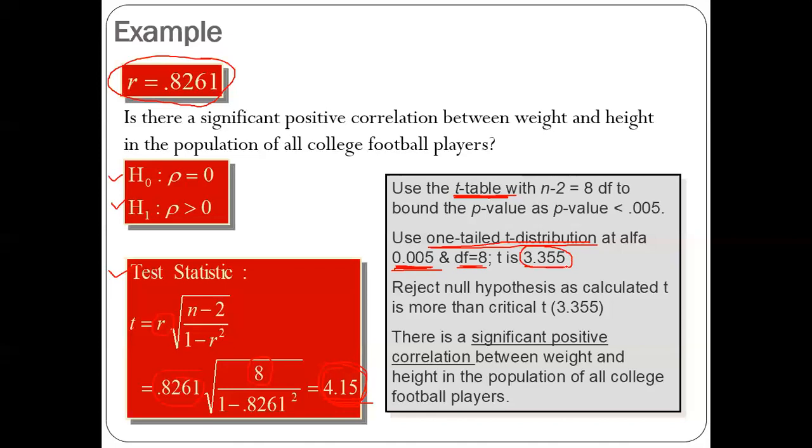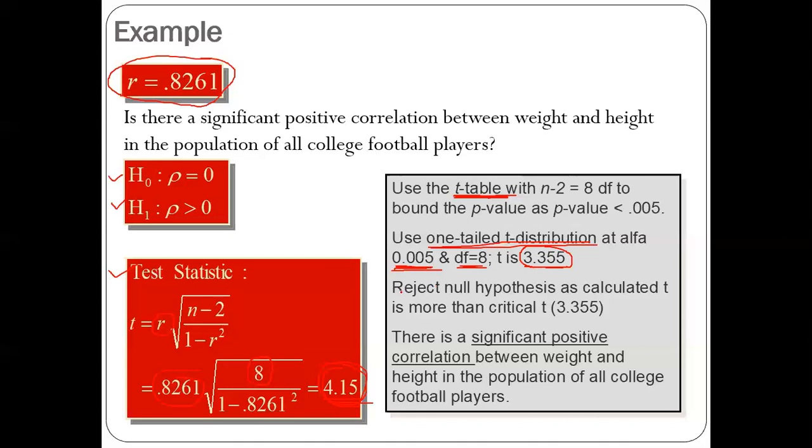So now the cutoff, the critical value, is 3.355, and our test statistic is 4.15. That means it is greater than the critical value of t, 3.355, so it falls in the rejection region. So what can we conclude?